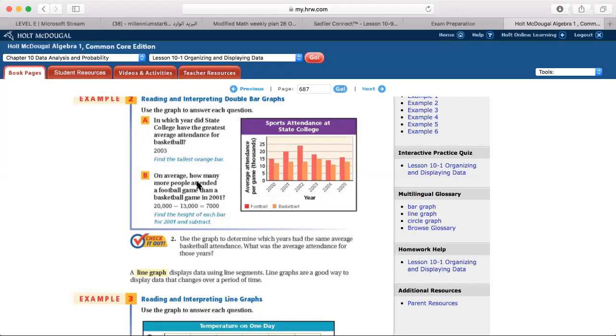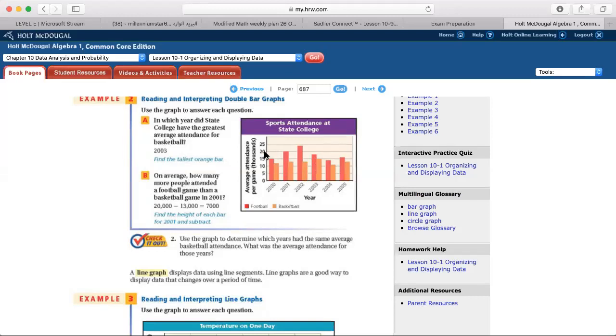Okay, B. On average, how many more people attended a football game than a basketball game in 2001? How many more? So I'm going to subtract two numbers from each other. Where is 2001 here? I have the football and the basketball.